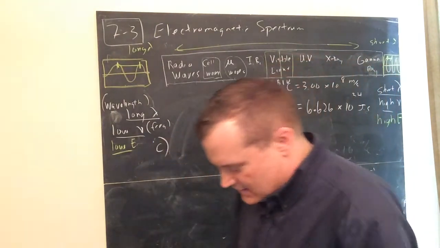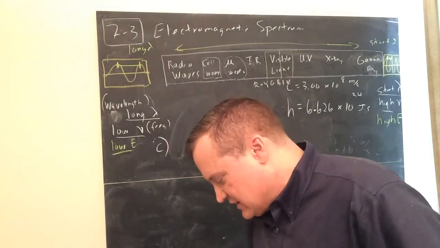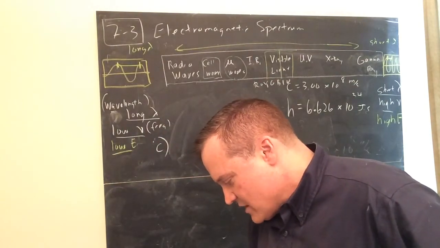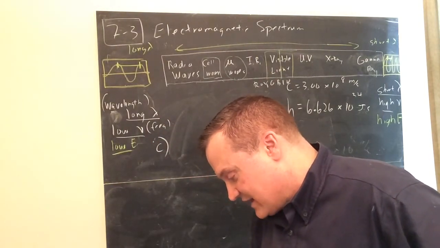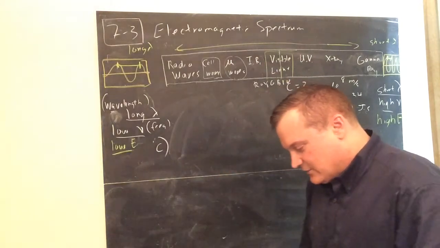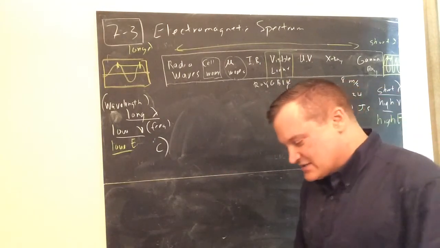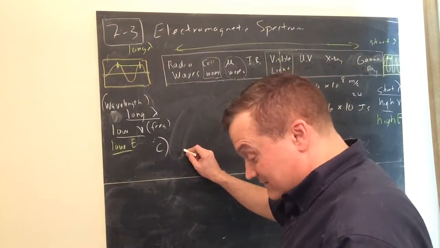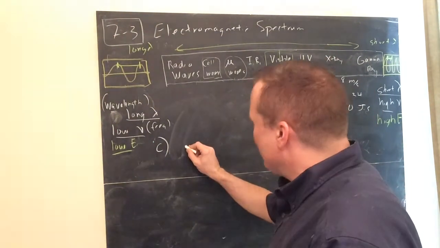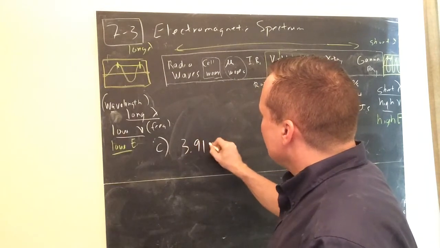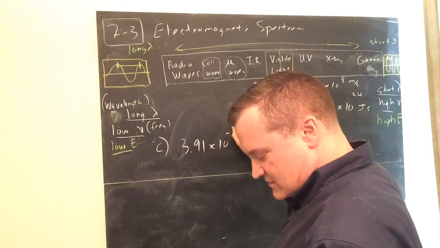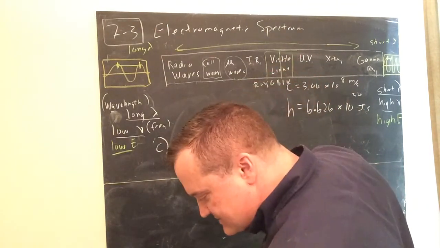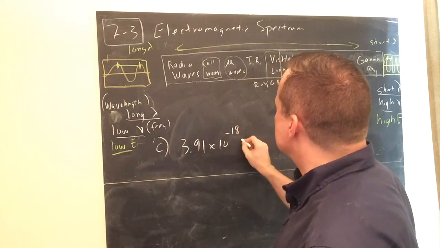Okay, so here we go. It just says, calculate the energy in kilojoules per mole of a mole of photons of this light. Here's the deal. In the very beginning of the question, it says this has to do with thermo, actually, quantum thermo, if we call it that: 3.91 times 10 to the negative 18 joules.